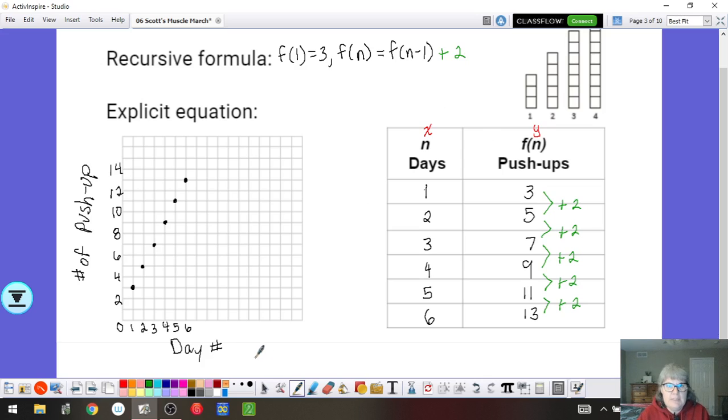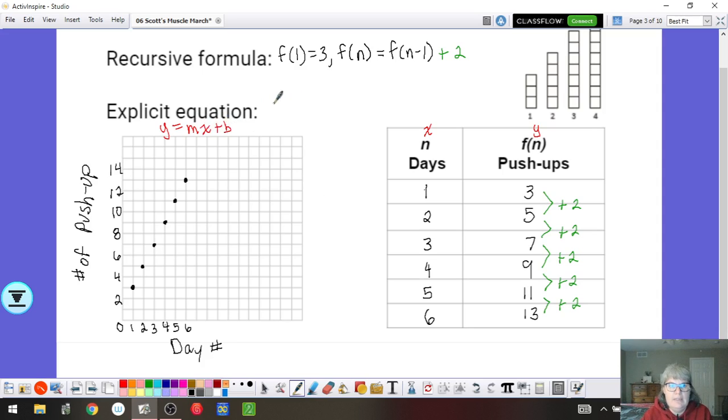For the explicit equation, because this is a line, our explicit equation is going to be similar to y equals mx plus b. We're just going to be using function notation instead.